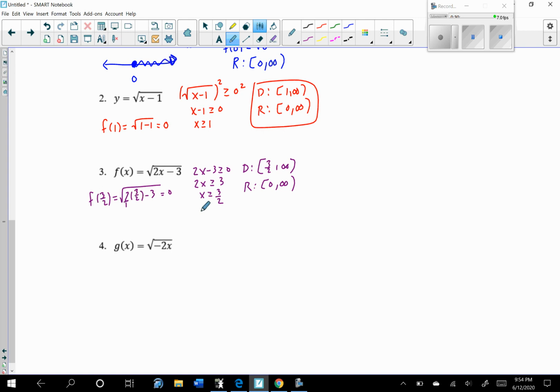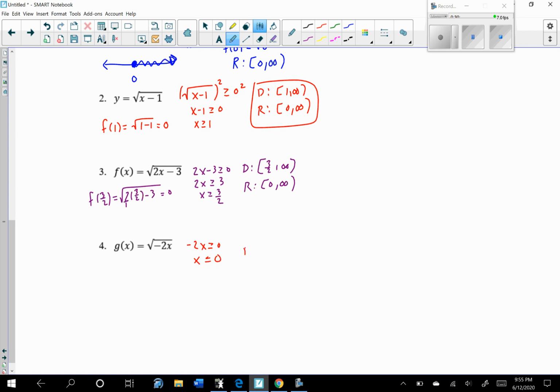So for this same thing, I'm going to go ahead and set what's underneath the radical greater than or equal to 0. So then we divide by -2. That means we're flipping our inequality sign. So x is less than or equal to 0 divided by -2, which is still just 0.